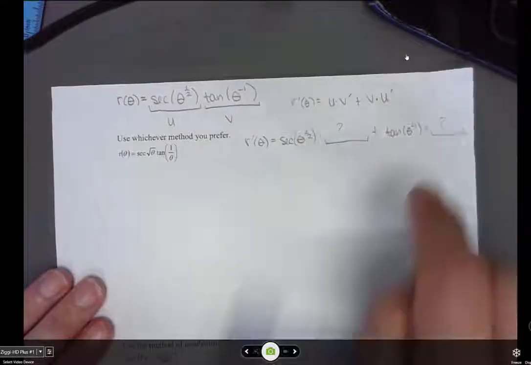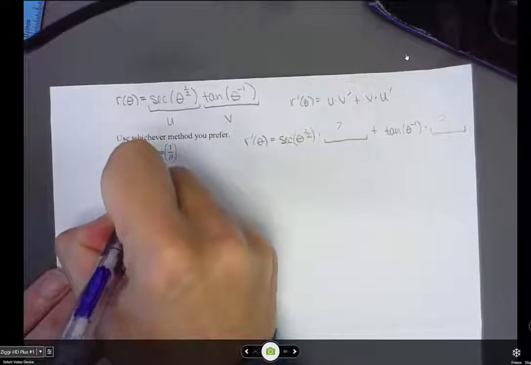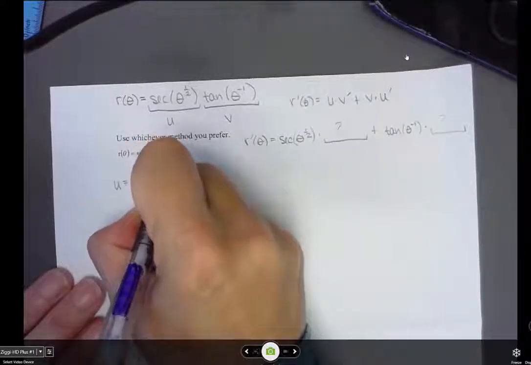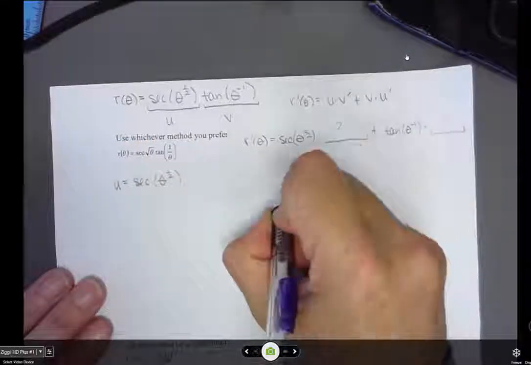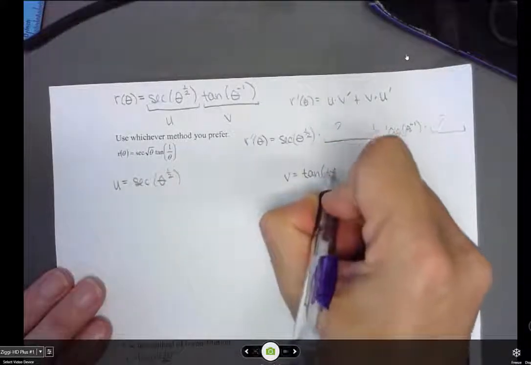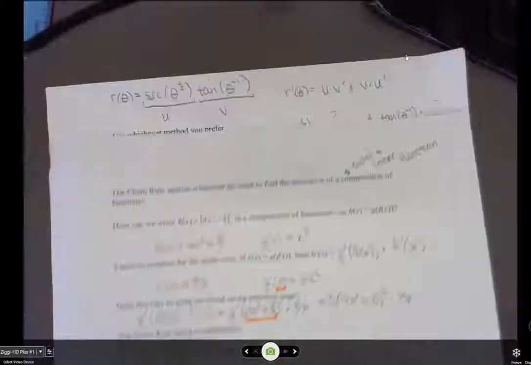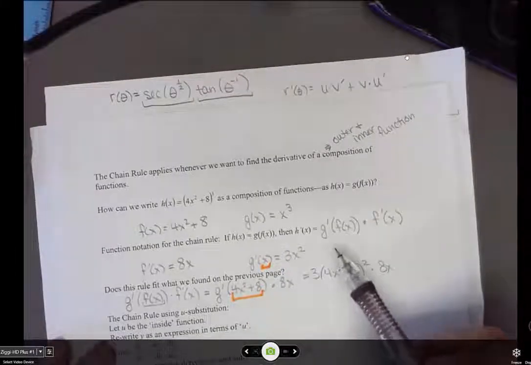So u is secant theta to the 1/2 and v is tan theta to the -1. So I think I'm just going to think of using the function notation this time, so we get practice with both.